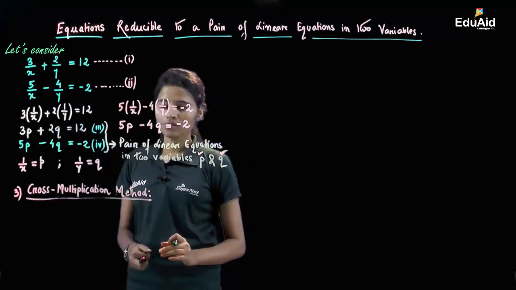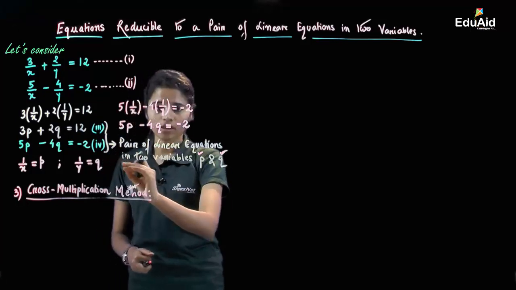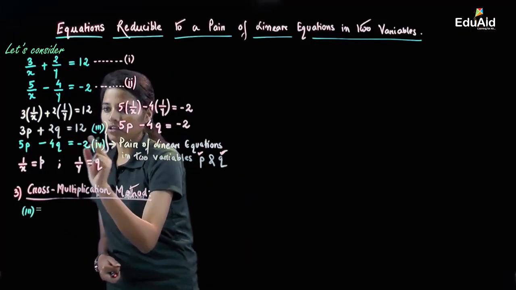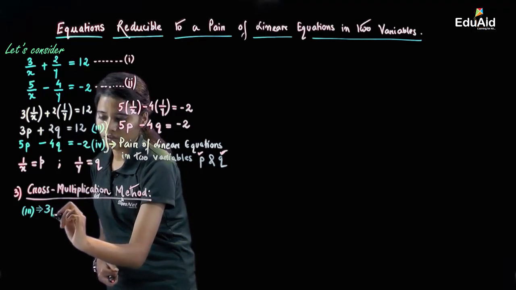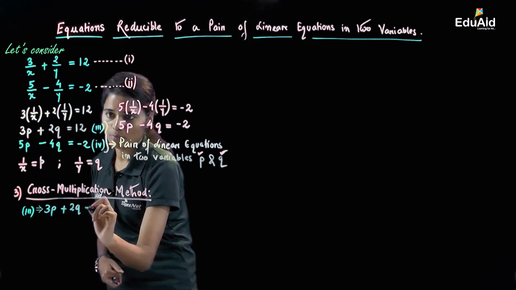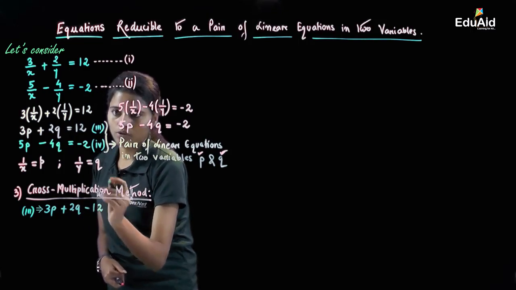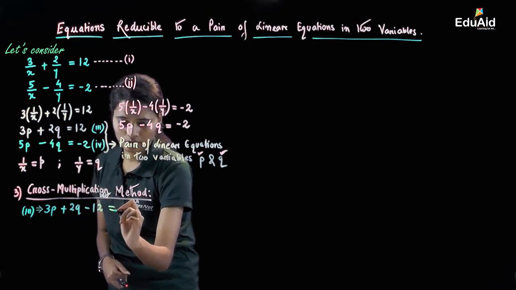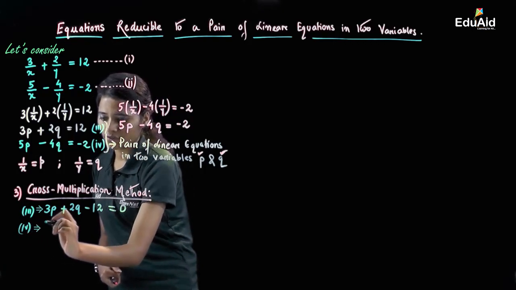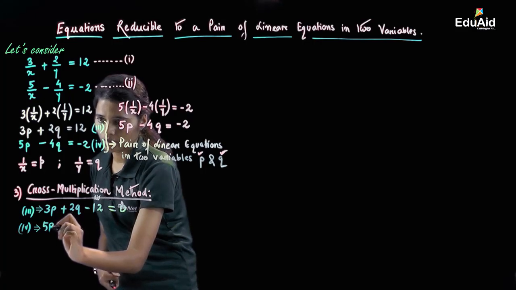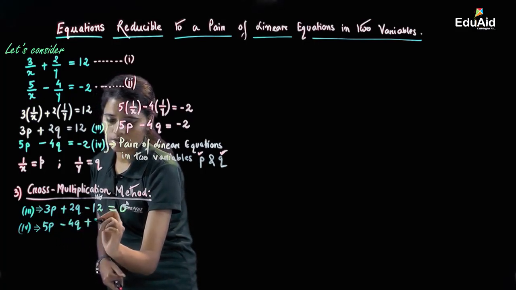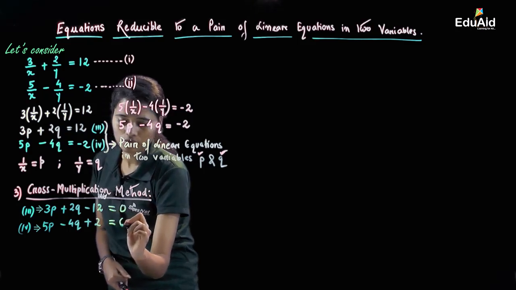So for that purpose, we are going to write equations 3 and 4 in the form: equation 3, 3p plus 2q minus 12 equals 0. We have transferred it to the left hand side. Similarly, equation 4 can be written as 5p minus 4q plus 2 is equal to 0.